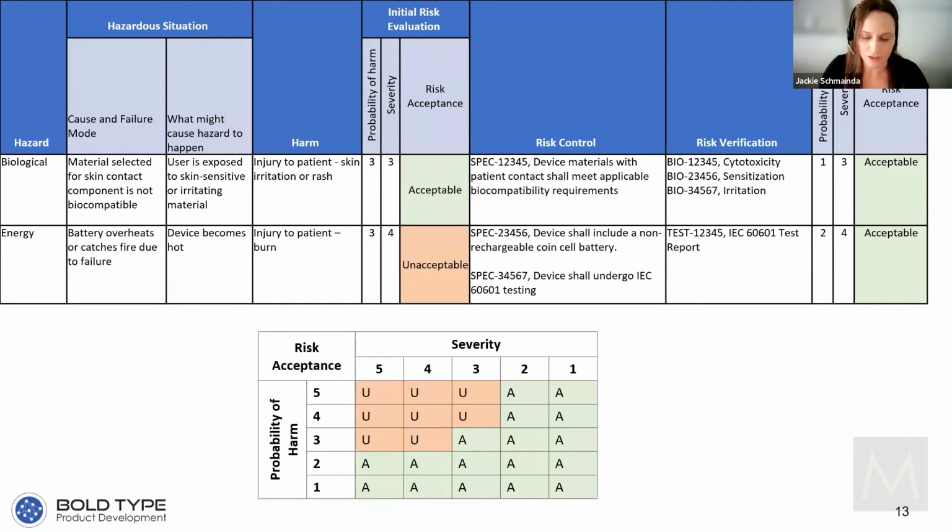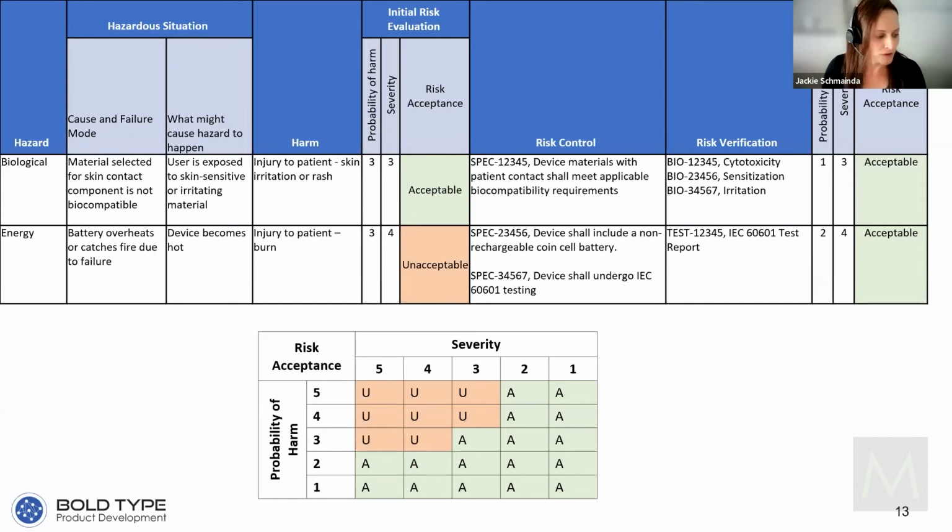In the case of energy, maybe you have a design feature. You're using a very specific type of battery, a non-rechargeable coin cell, or something that doesn't necessarily contribute to potential for overheating or a fire. And then once you've applied your risk control, you go back through the process again and reevaluate what's the probability of harm, what's the severity.